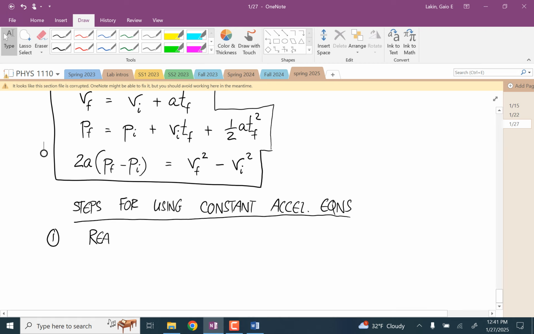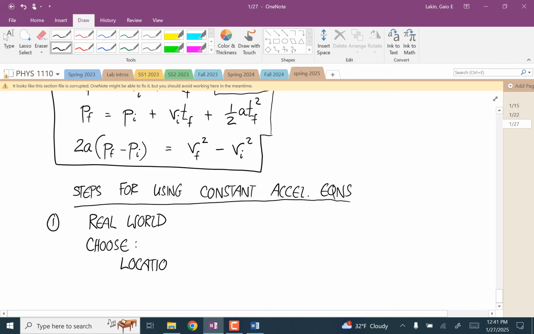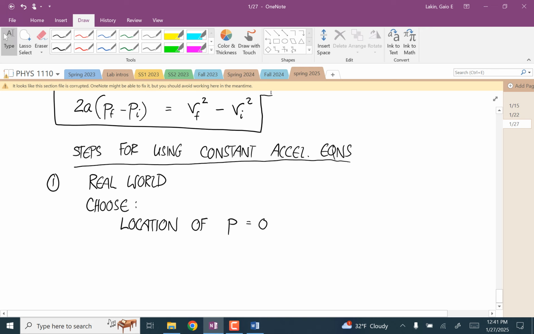So there are four things that we have to choose. First, we have to choose in the real world the location that we're going to call position equals 0. That's like your reference location. Then you have to choose in the real world what you're going to call the positive direction.